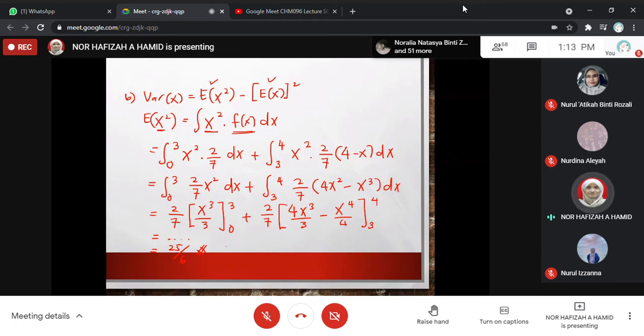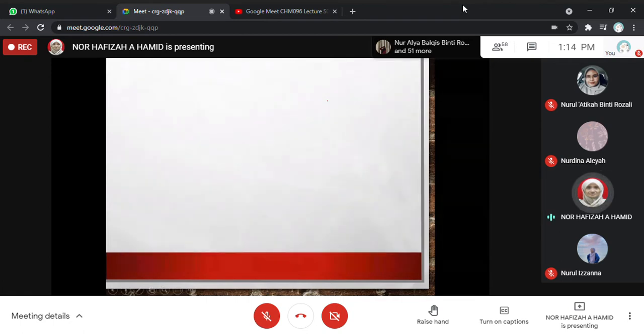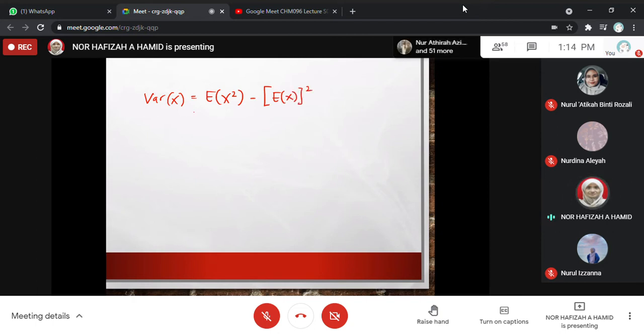After we have EX square and EX, then you can calculate the variance. For variance, we have EX square minus with EX, and you need to square. So substitute what we calculated earlier. EX square we got 25 over 6, minus with EX.